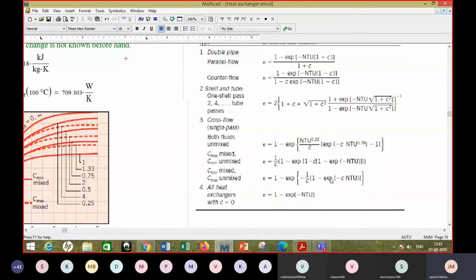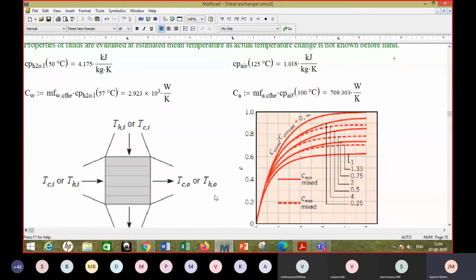Effectiveness is equal to 1 minus exponential of 1 minus 1 upon CR into 1 minus exponential of minus CR into NTU. This formula is to be used to get the effectiveness.